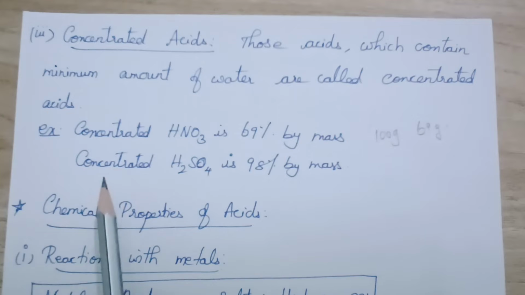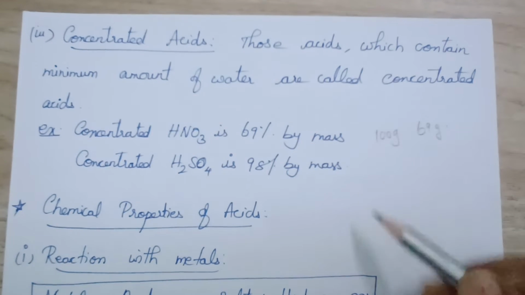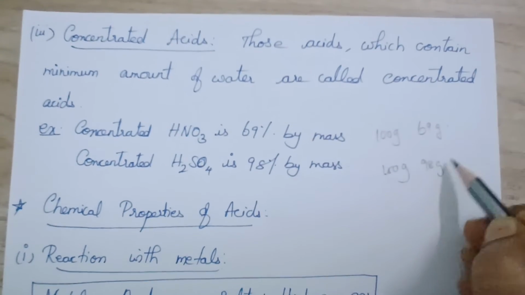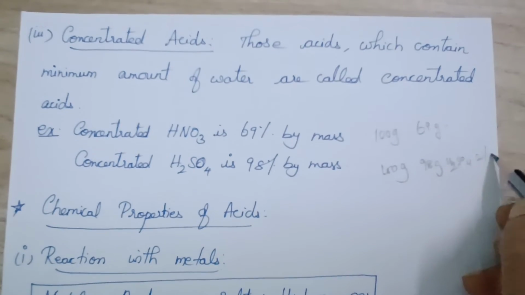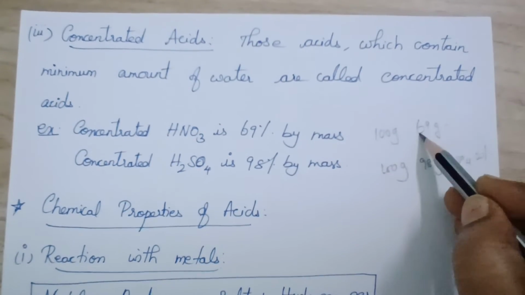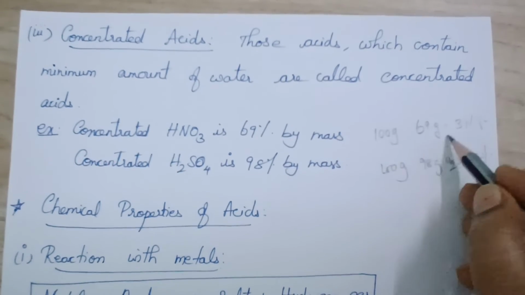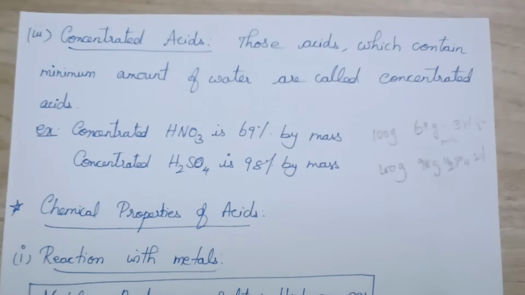Likewise, concentrated sulfuric acid is 98 percent by mass, which means out of 100 grams, 98 grams of sulfuric acid is present, and only 2 percent water. Likewise here, 31 percent water by mass. We are given everything in mass.